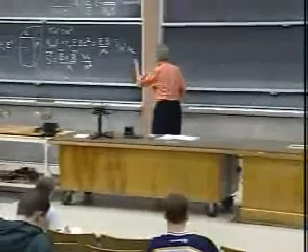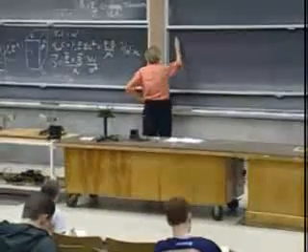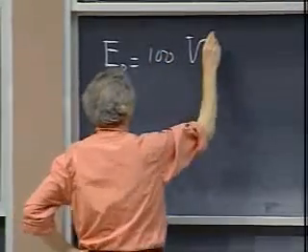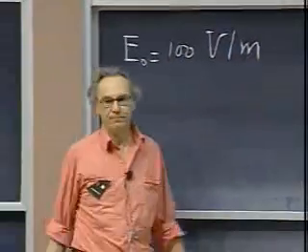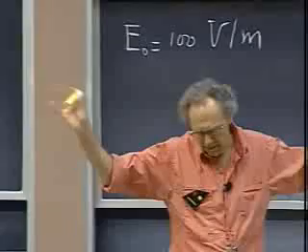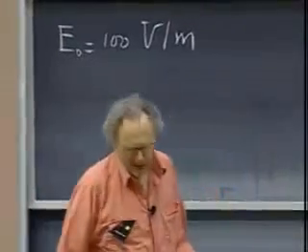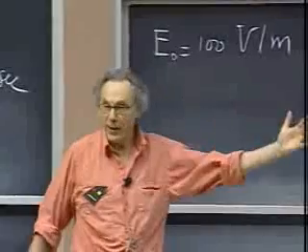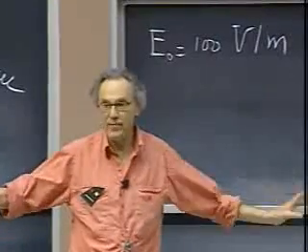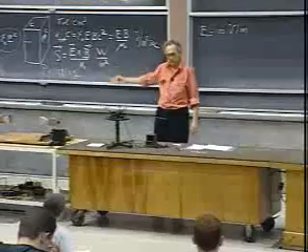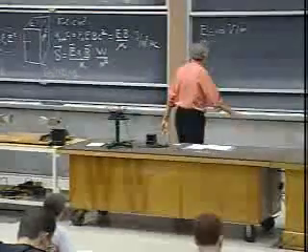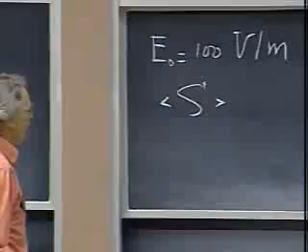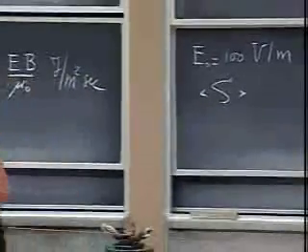Suppose I have a plane electromagnetic wave, and E0 is 100 volts per meter. That's just what it is. How we get it, that's a different story. And this could be radio emission. This could be infrared. This could be light. I don't specify the frequency. I don't have to. Frequency doesn't come up there. And so the average value for the Poynting vector, I can pick this equation.